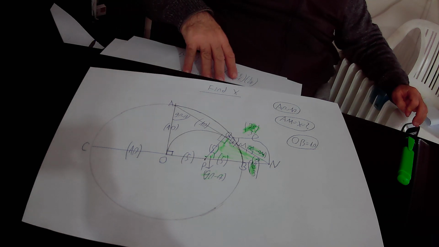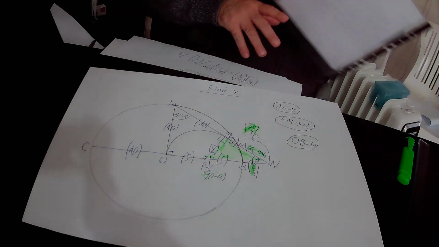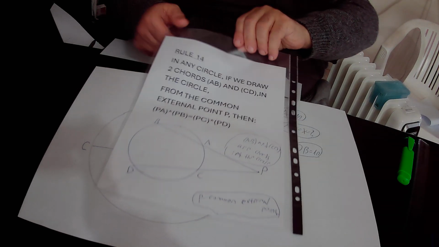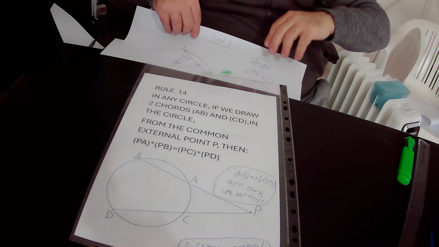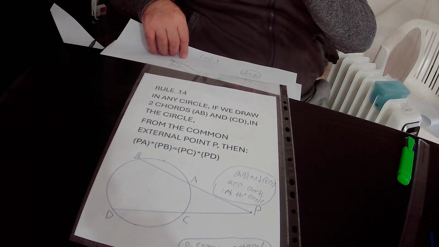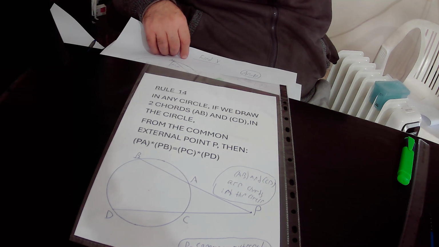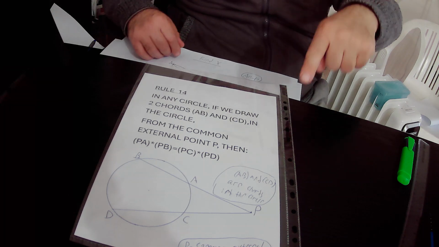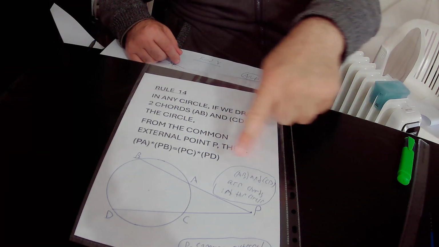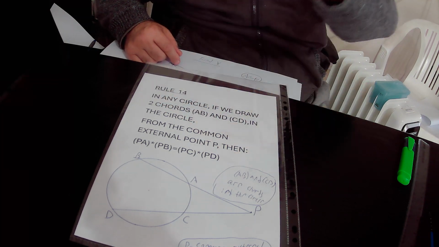Then I presented to you rule number 14, and we implemented rule number 14 in our drawing. Rule number 14 is true in any circle. In any circle, if we draw two chords AB and CD from the common extreme point P, then the following equation will be true: PA times PB equals PC times PD.